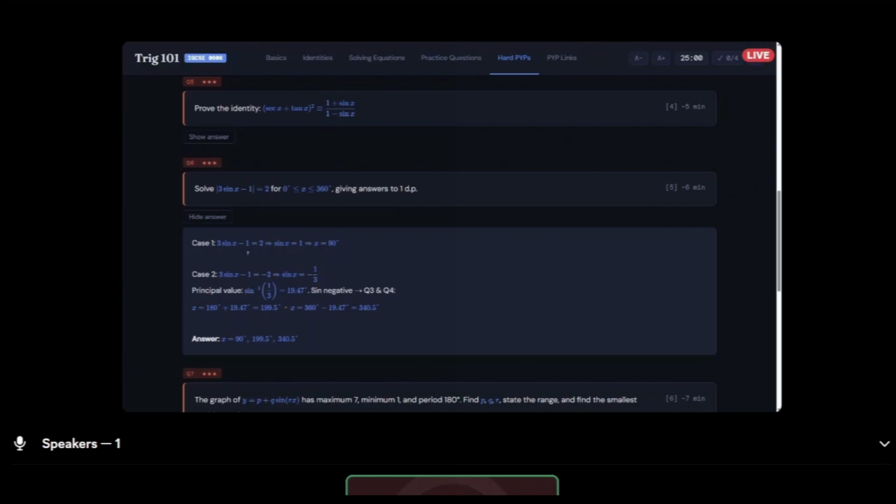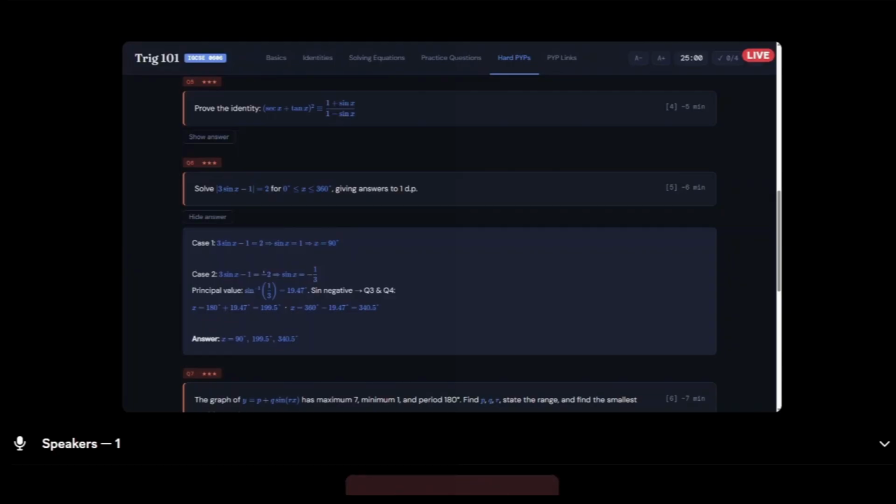So this one is really easy. They move the -1 and then divide by 3. Then sine x equals 1. So x equals 90. We know that in the graph of sine from 0 to 360, it only hits 1 once. So for case 1, there's only one answer, x equals 90.